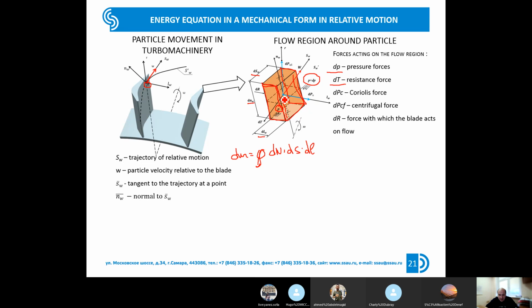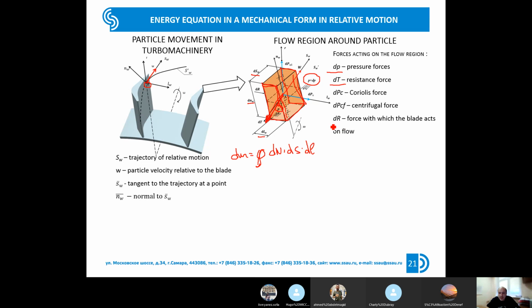That's why the resistance force will be directed to the opposite side relative to the velocity, or relative velocity.